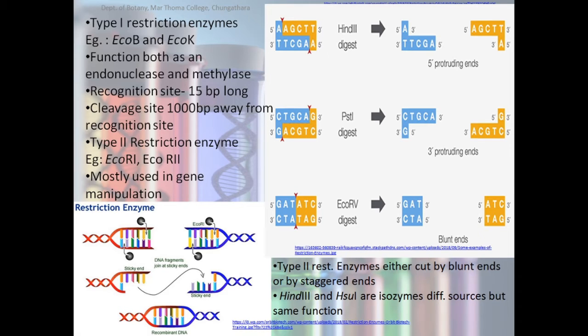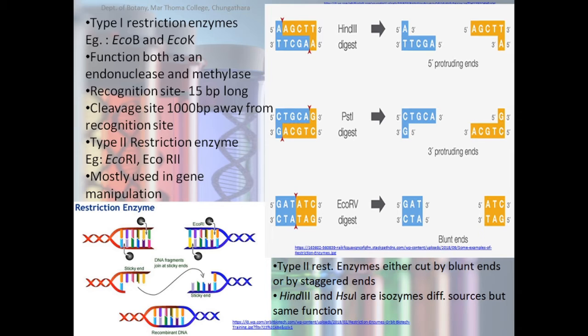One word about the restriction enzymes. These restriction enzymes cleave the foreign DNA which is found in the bacterial cell, and this defense mechanism of the bacterial cell is commonly known as the restriction modification system.